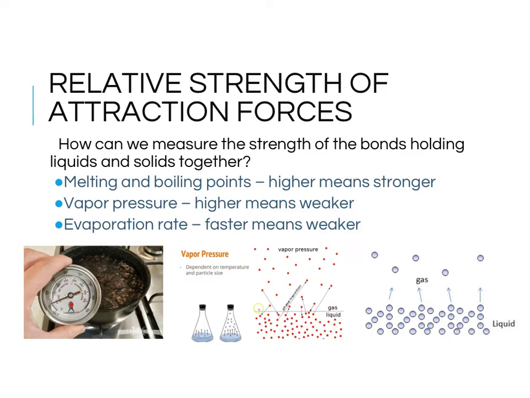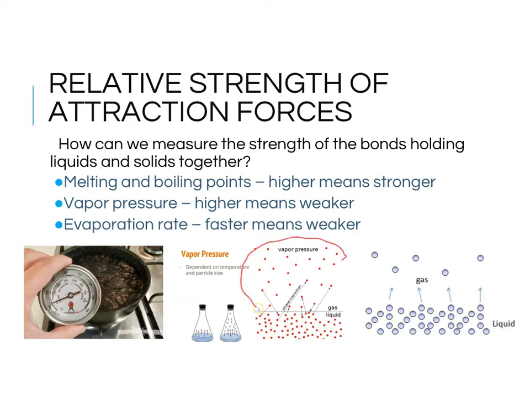Well, we just talked about a few, like viscosity and surface tension. Here's a few more. We could look at the different melting and boiling points. So if the boiling points are higher, that means it takes more energy to get those molecules to separate, to overcome that Velcro, if you will. Vapor pressure we'll talk more about later on in this unit, but it's essentially talking about how many particles there are in the air.